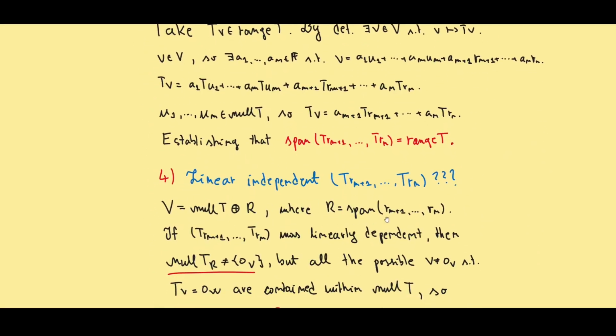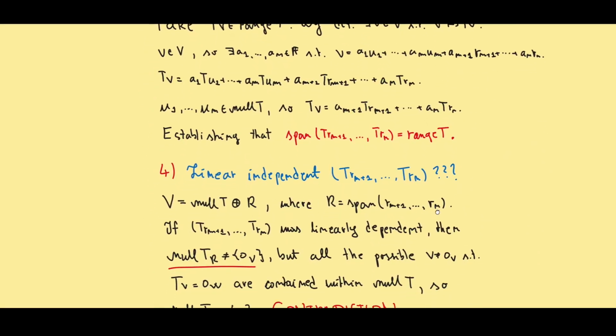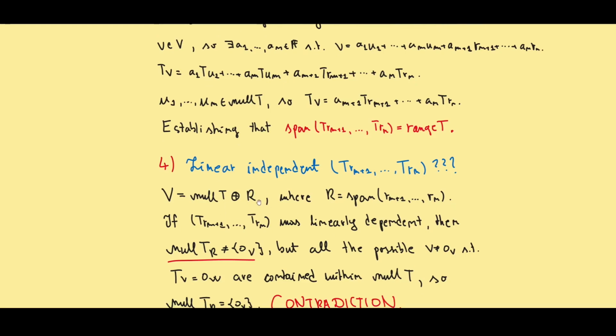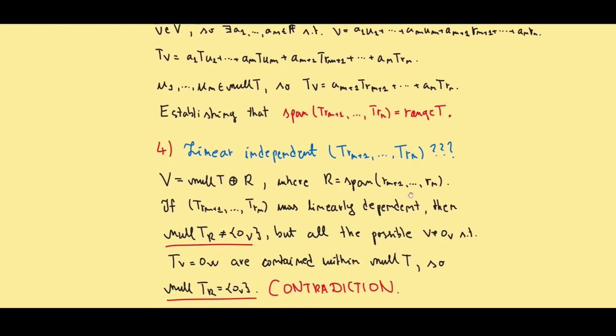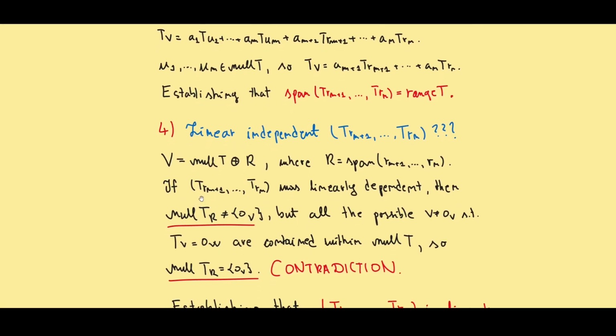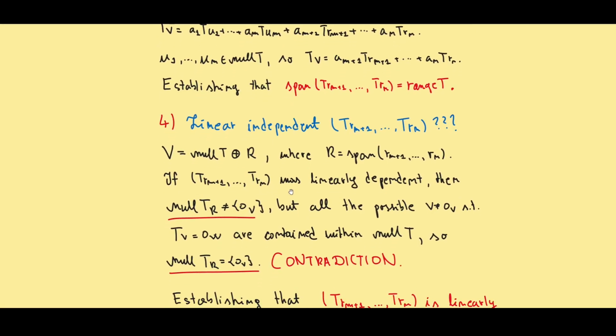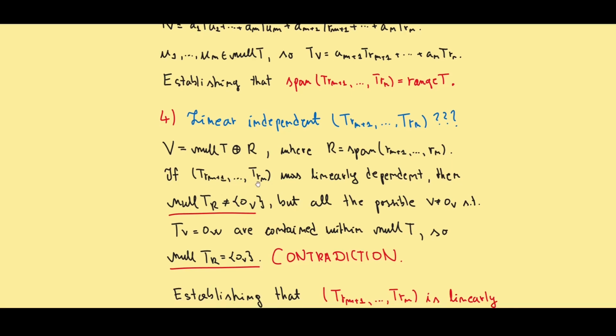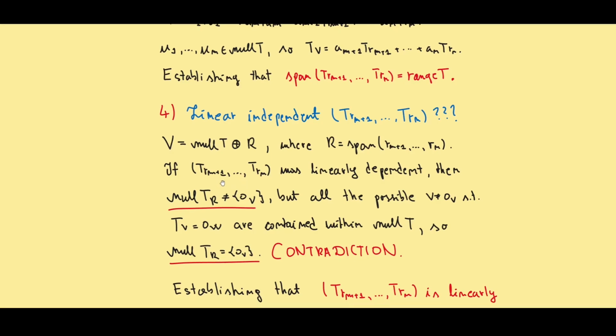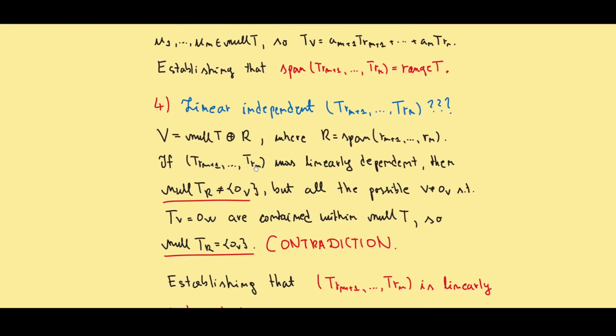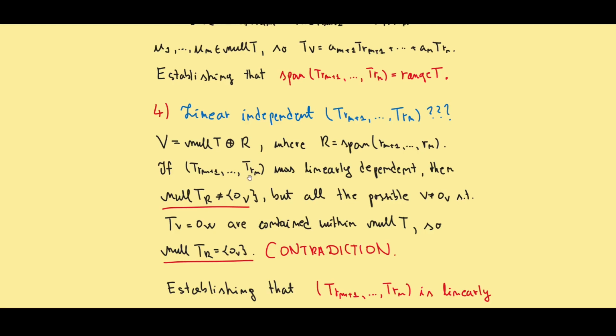And then the remaining vectors, r m plus 1 all the way to r n, give rise to this over here, which we'll call R. Now, if this list was linearly dependent, then that would mean that one of these vectors could be expressed as a linear combination of the others. We would do some algebraic manipulation, and we would end up with that there would have to exist some vector r belonging to our big R, which is different from 0, such that it gets mapped to 0.